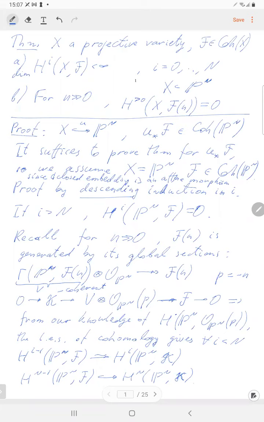This was also proved a long time ago. So we proved this for H^0, and now we proved it for arbitrary cohomology, but starting from H top rather than from H^0. Okay, this is an interesting trick.